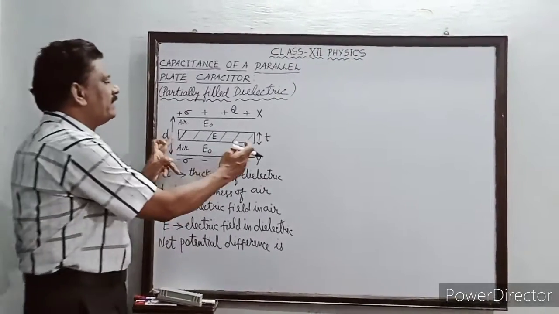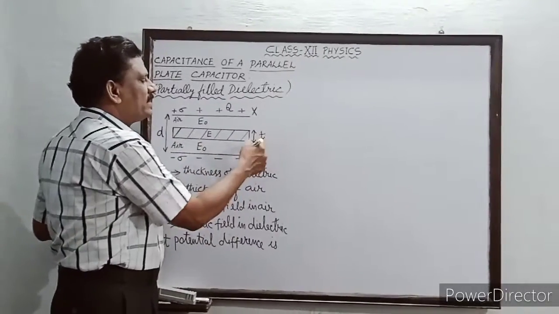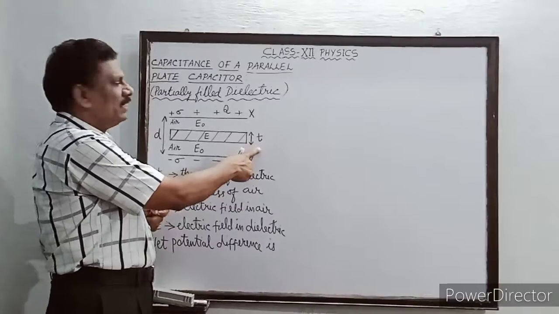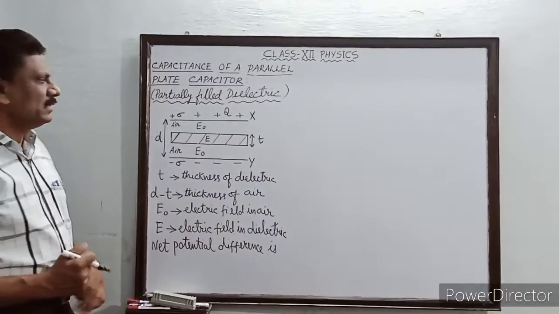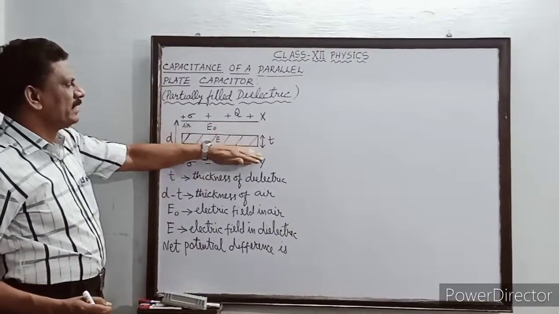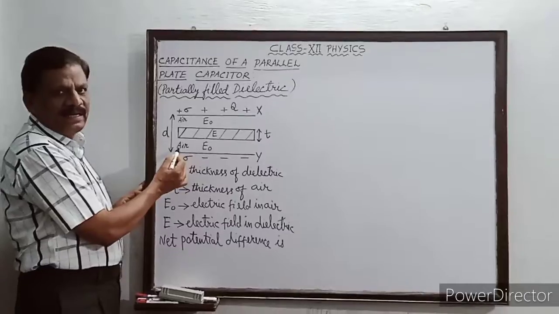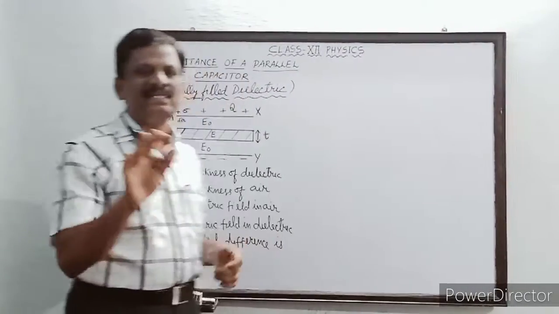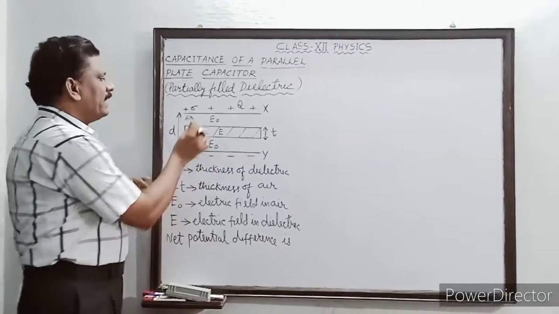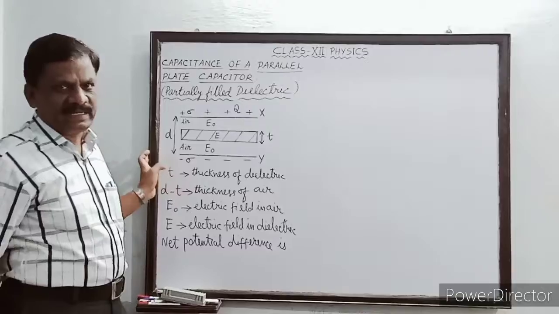And here you can see a dielectric slab of thickness T. So T is the thickness of the dielectric slab, and it is introduced between the two plates. Now the remaining space other than the dielectric is occupied by air. Instead of air, we may also take vacuum, but this time I am considering air. So air is filling the space on both sides of the dielectric.